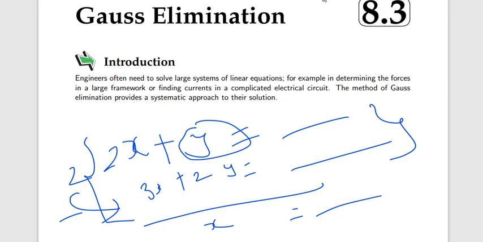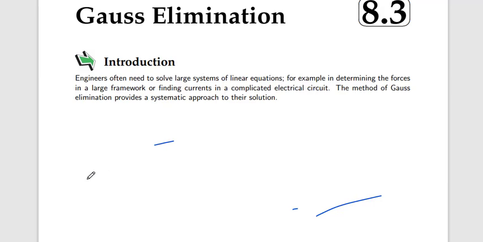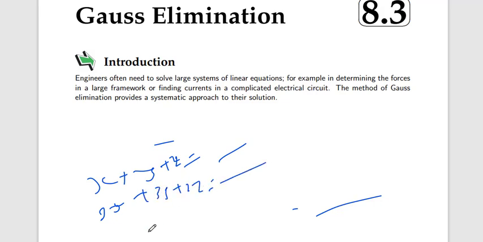This is an easy linear equation. In general there are also complex linear equations with x, y, z, like 2x plus 3y plus 2z is equal to something, and x minus y minus 2z is equal to something. There are three equations and three unknowns.